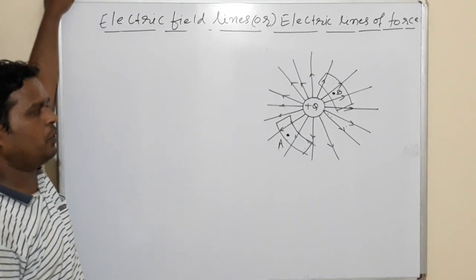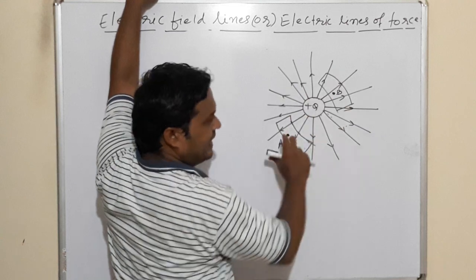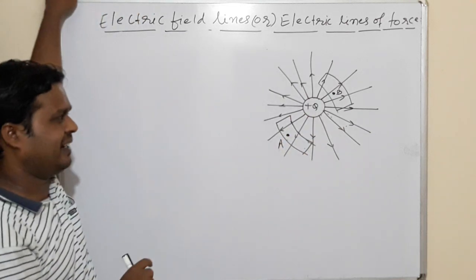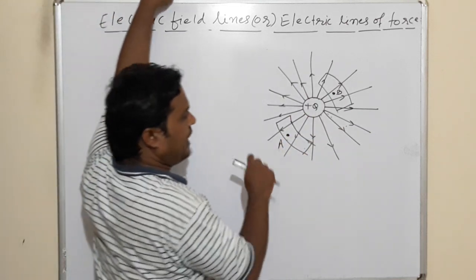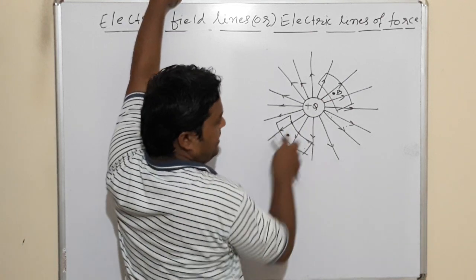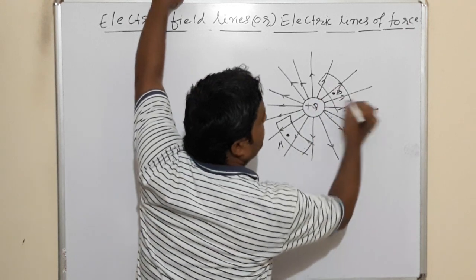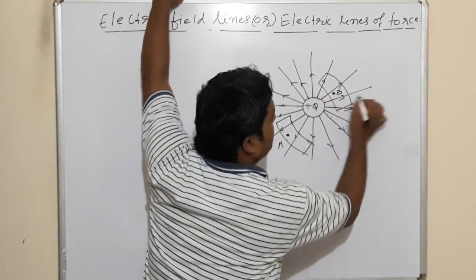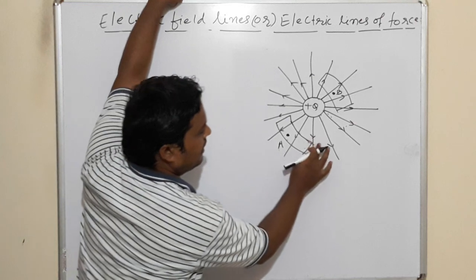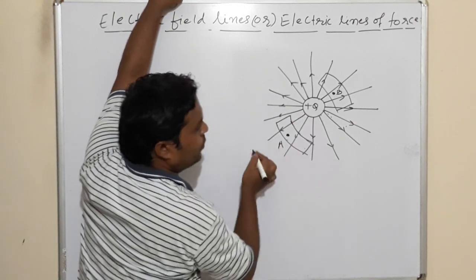At two different points, if I draw equal small areas, then what I notice here is, even though these areas are equal, the number of lines passing through this area, 1, 2, 3, 4 lines are passing, and the number of lines passing through this area is only 2.